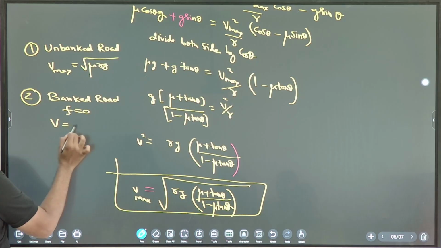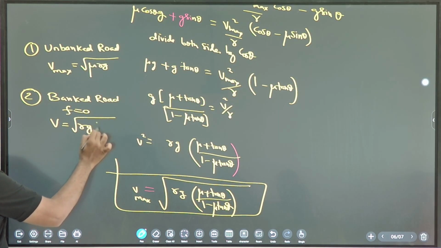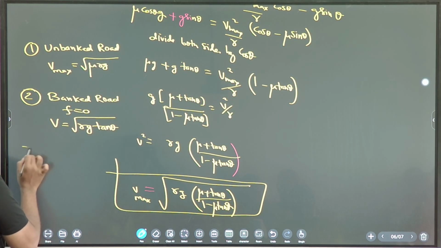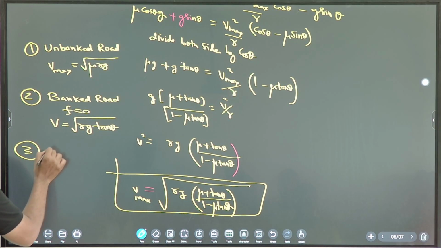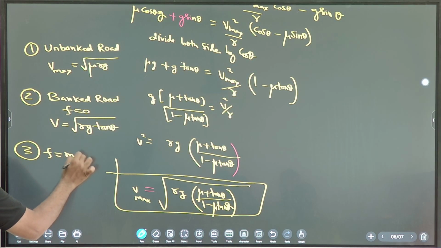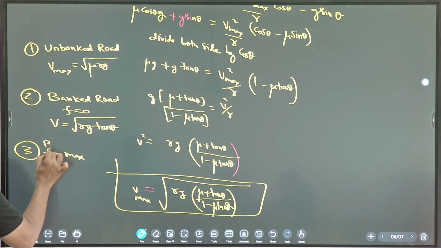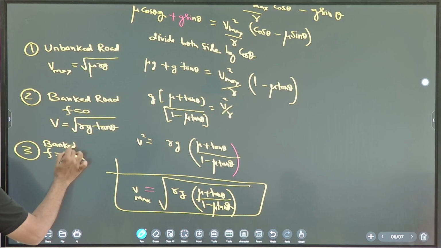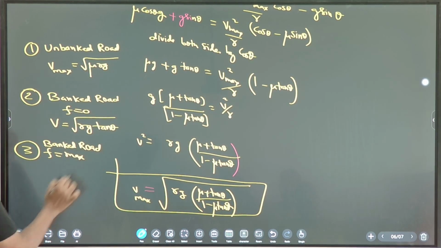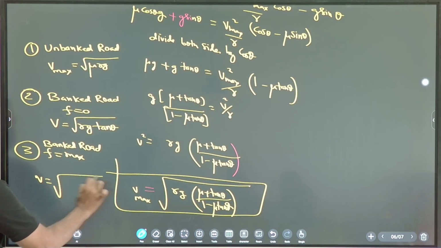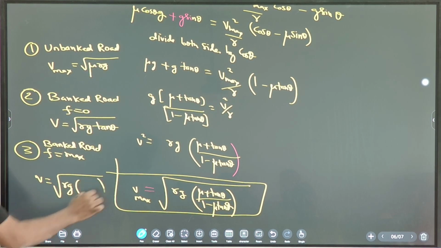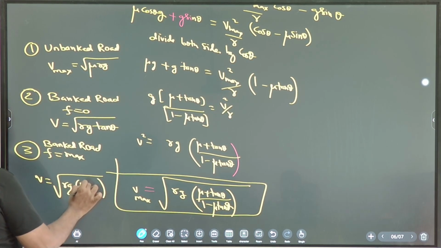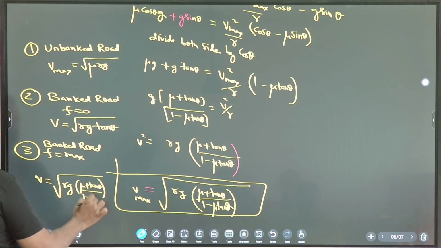What is the speed? Root of RG tan theta. Good. And the third formula is this. Banked road, friction is maximum. So V is equal to root of RG times mu plus tan theta upon 1 minus mu tan theta.